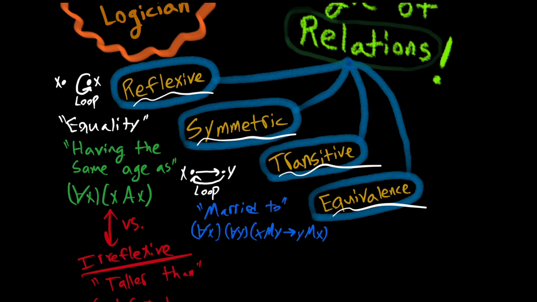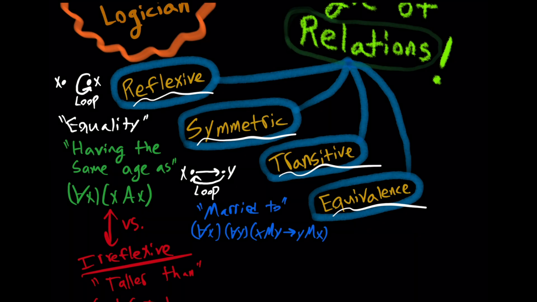Notice that capital M stands for that relational predicate married to. It's symmetric. Or consider sibling of. That's symmetric because if one person is a sibling of another, the reverse holds. Or consider trades with. If two people do a voluntary exchange, we have a symmetric relationship.